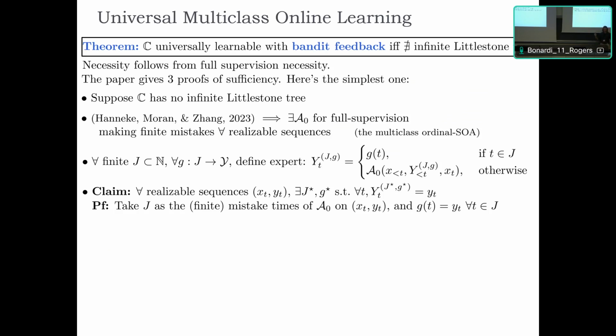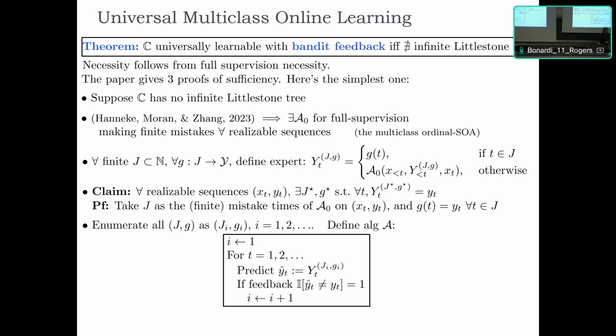We're not saying that we have some way of anticipating where it is, but we can design an algorithm based on the fact that it exists. So here's the algorithm. Let's first notice we only have a countable number of these experts, right? They're finite subsets of the natural numbers, and then labelings, there's only a countable number of labels. So there's only a countable number of these experts. And so let's just enumerate them, give them each an index i.